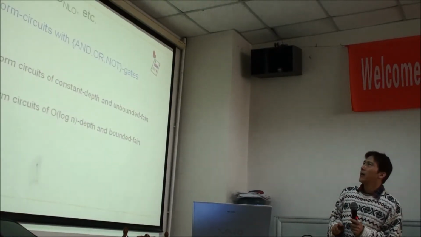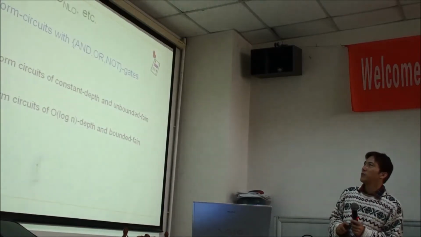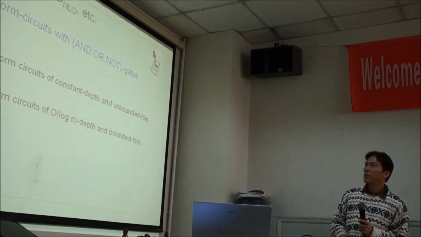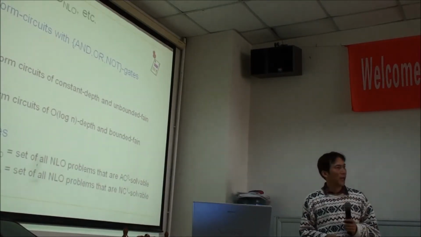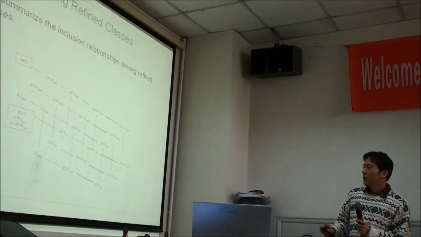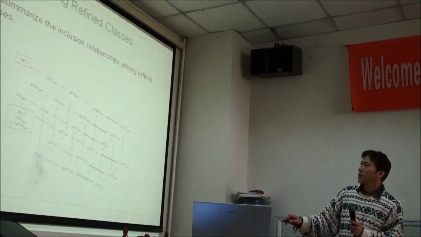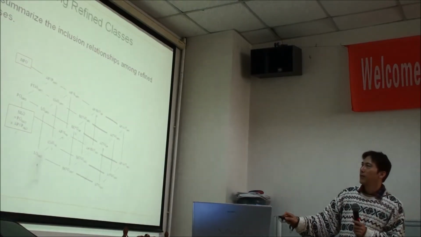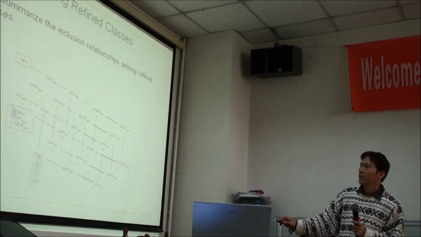And now we will take a look at it in the non-uniform circuits, AC0 and NC1, and we will use those circuits to define complexity classes. So this is actually the whole picture here. NPO is covering everything, and NLO is here.